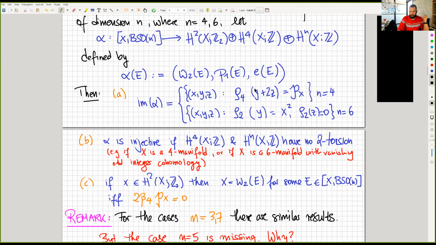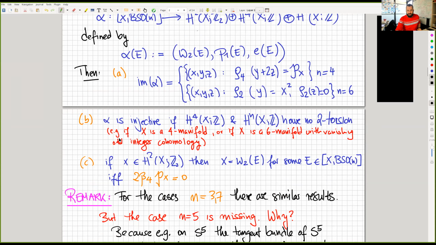So this is an equation in H4 with coefficients in Z4. This is for n equals 4. And here is a similar one. So this is the mod 2 reduction of Y, and this is the mod 2 reduction of Z. But you only have to know that one can understand the image of alpha completely. So we know on which set on the left side this map here is surjective.